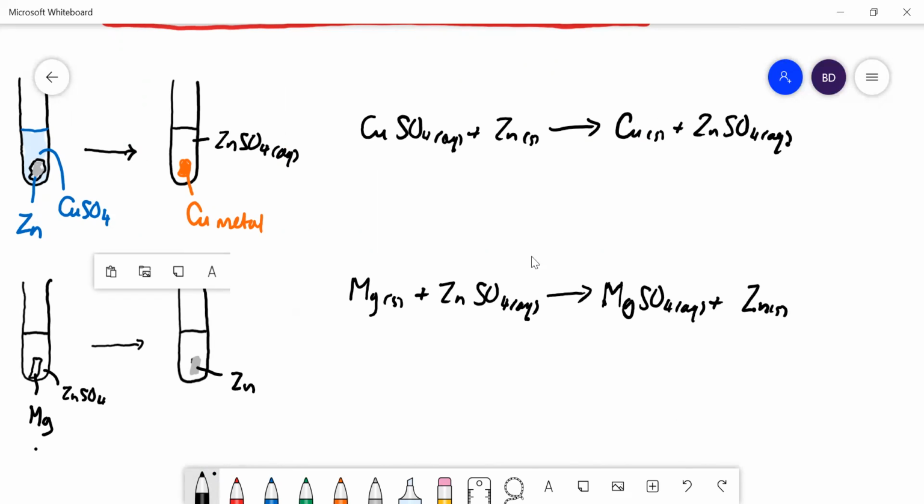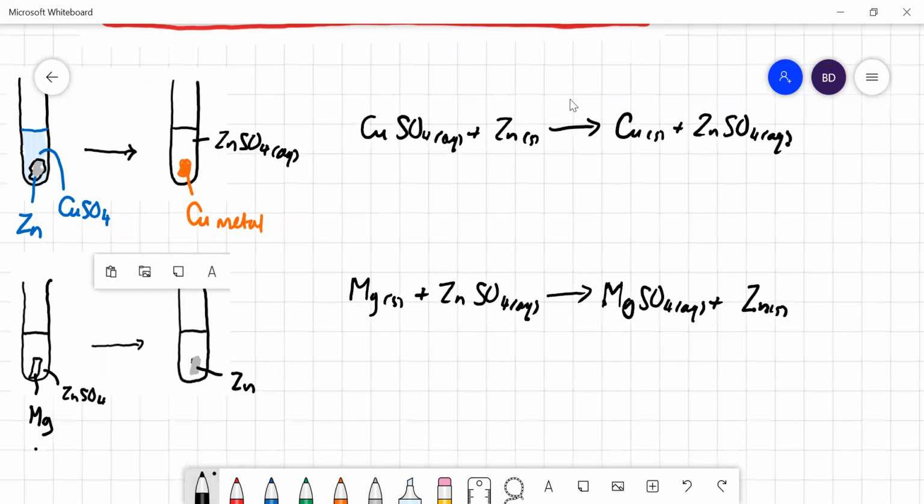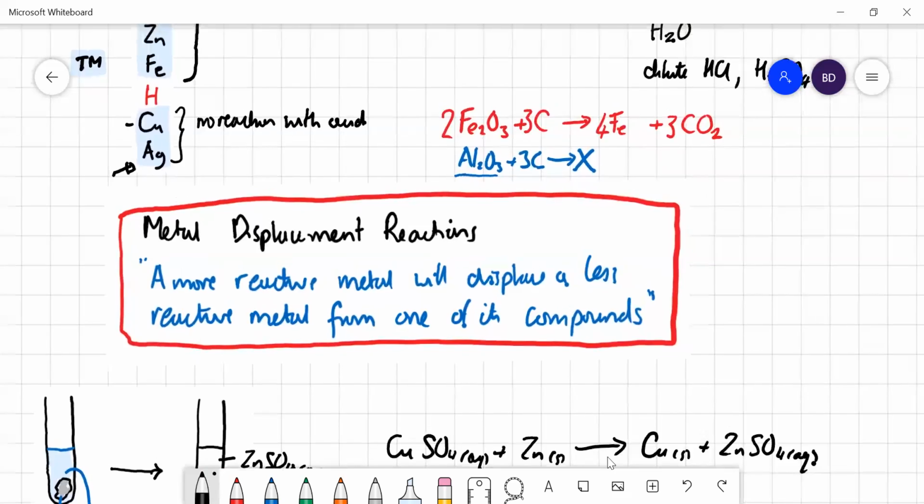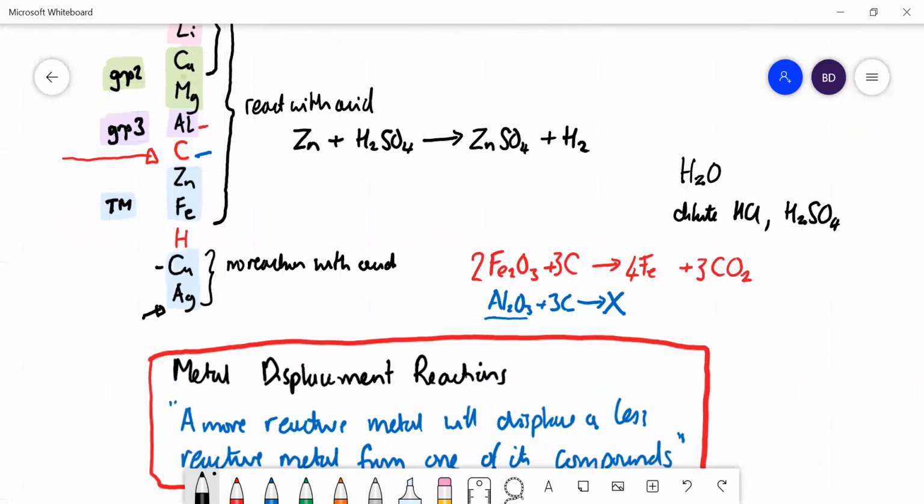Now, the reason why we include hydrogen in the reactivity series, you can see it's just below iron and above copper, I'll show you why.